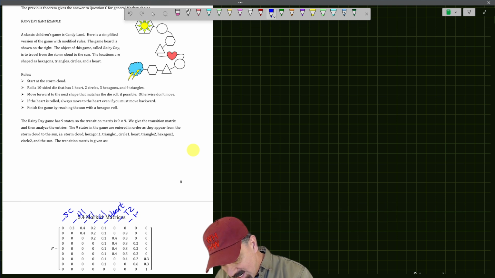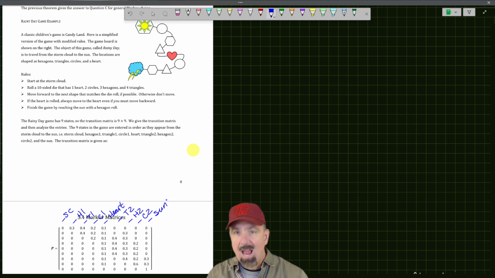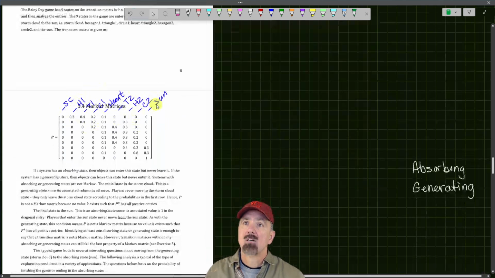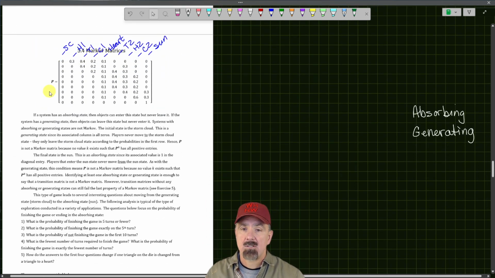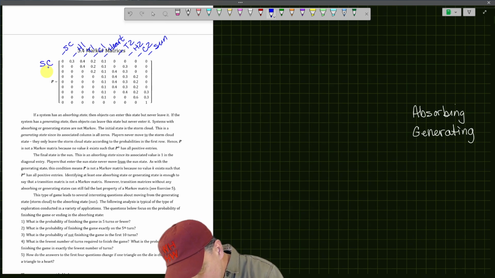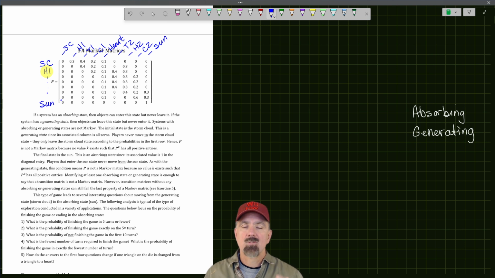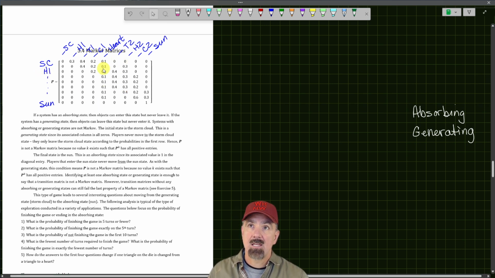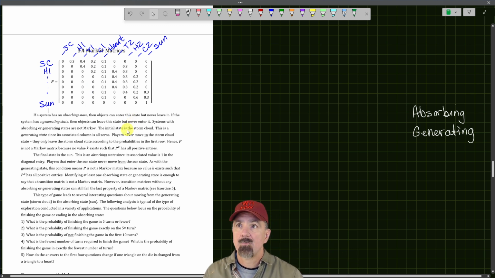And we have the second hexagon. And we have the second circle. And we have the sun. And those states match, of course, down the rows as well. And we just label those. So we have the storm cloud, hexagon 1, all the way down to the sun. And that helps us track, as we're building this, the probabilities of moving from one state to another.